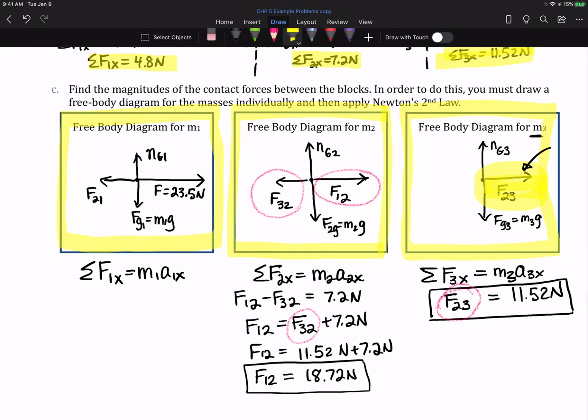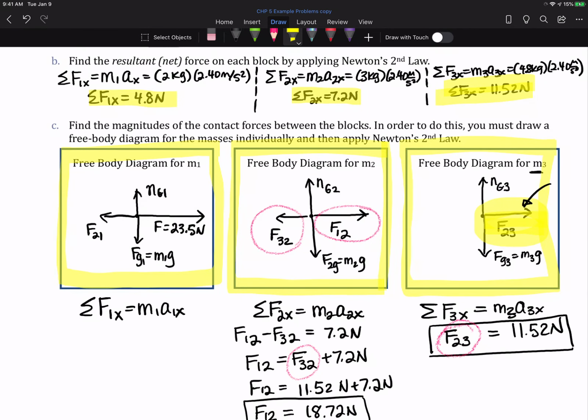We found that the mass times acceleration, the net force of 1, is 4.8. I see that I have an applied force in the positive direction of 23.5 newtons. And then I have a force from block 2 on 1 acting in the negative direction.